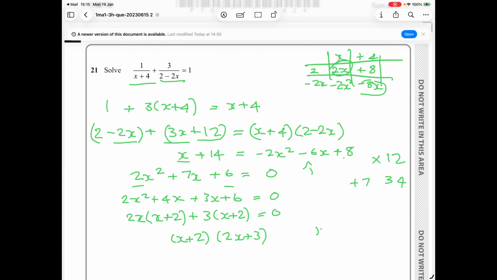So x equals minus 2 and x equals minus 3 over 2. And that is, I think, enough for a minute.